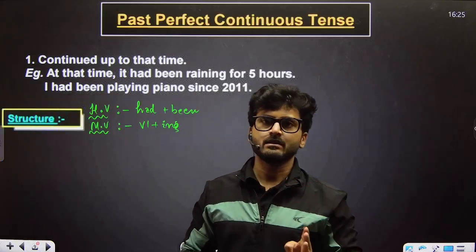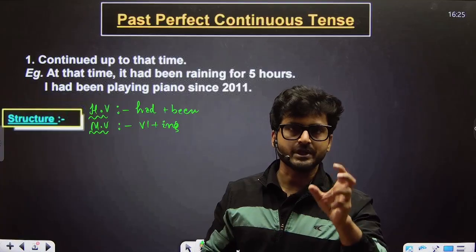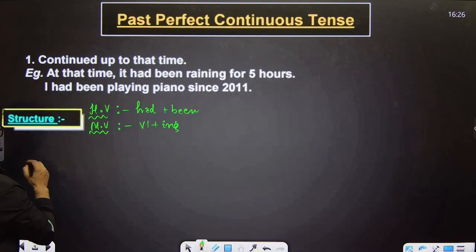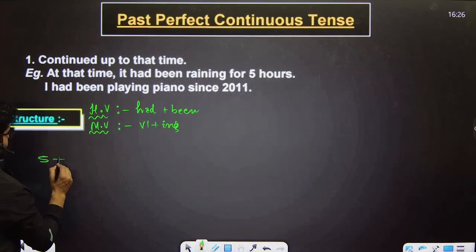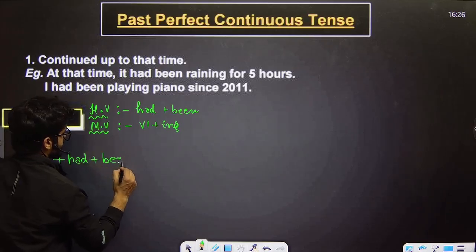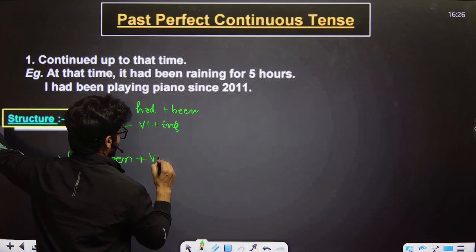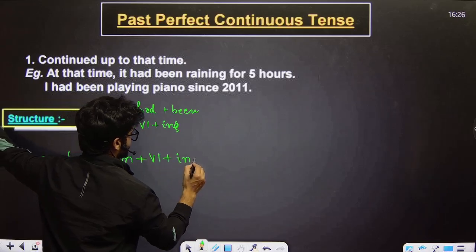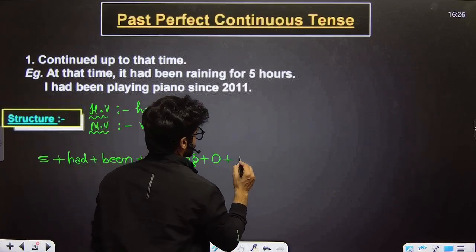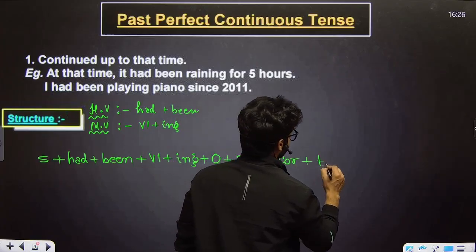Since is a particular specific point, for is a period of time, duration of time. Got it? So here we can have subject plus had been plus verb 1 plus ing plus object plus since or for, and you will have the time frame.